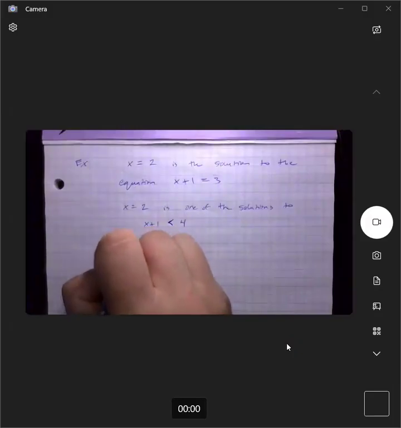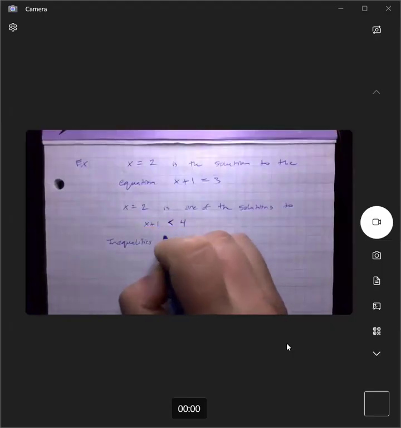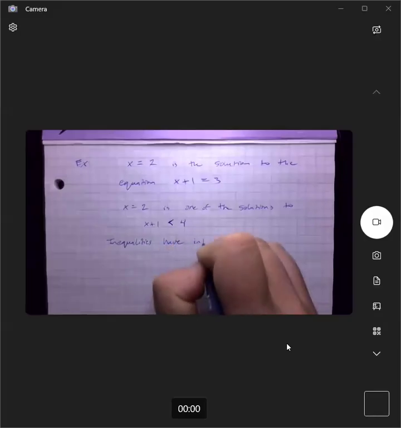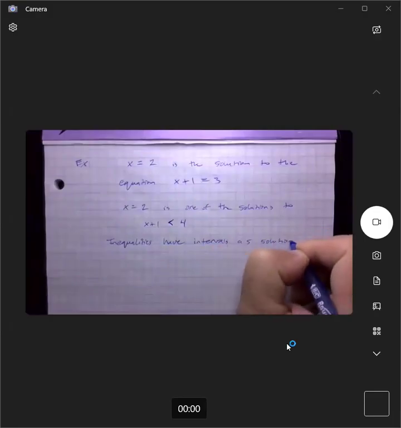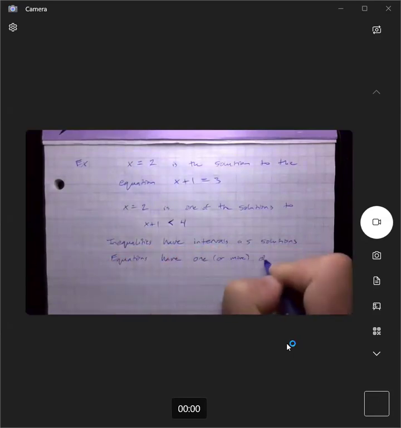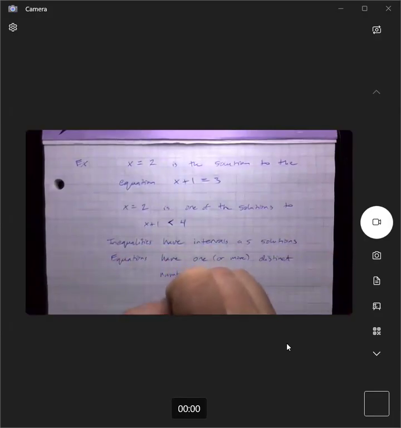So inequalities have intervals as solutions. And equations have one or more distinct numbers as solutions.